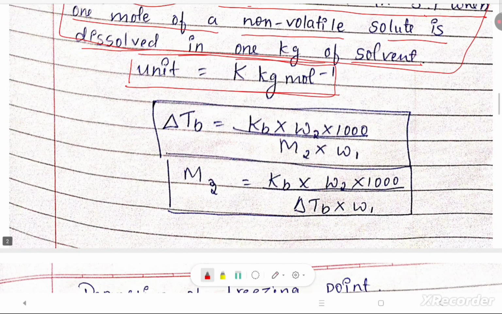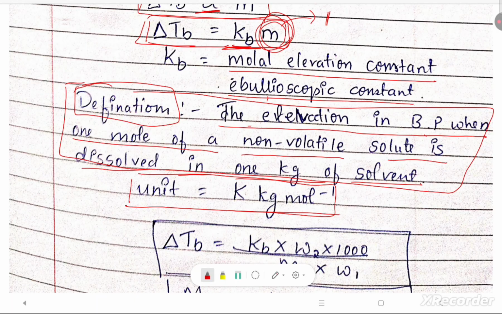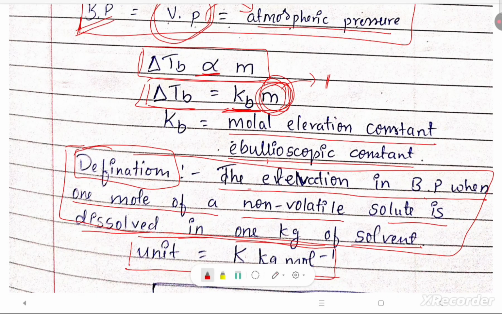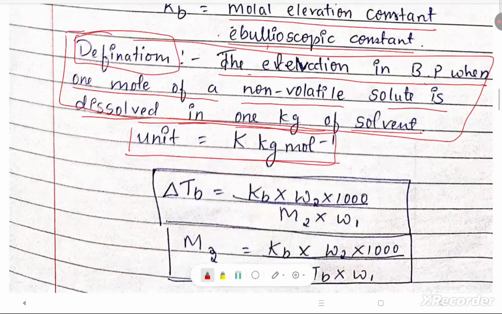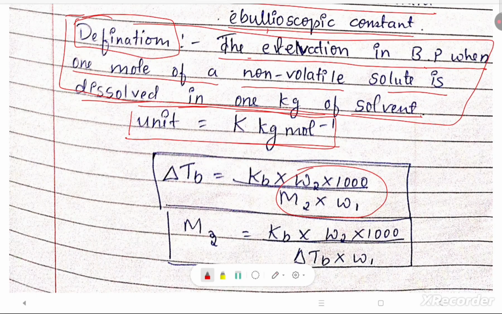Then the formula. If we elaborate this molality, we know what molality is. Molality is equal to W2 into 1000 divided by M2 into W1. You know, right? This formula only we applied here. Instead of writing small m, that is molality, we wrote the formula.